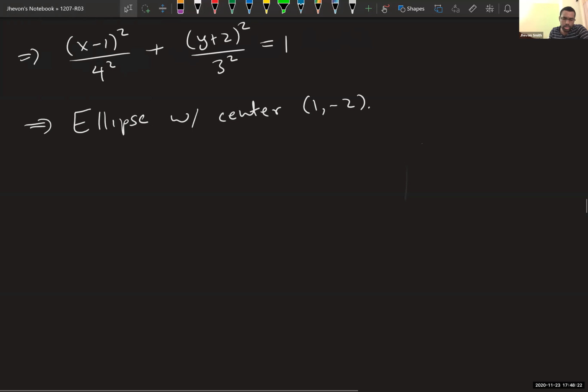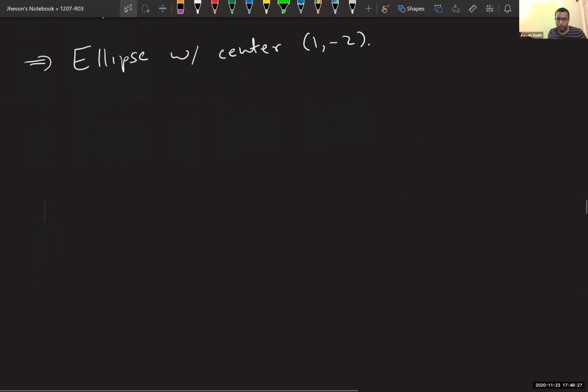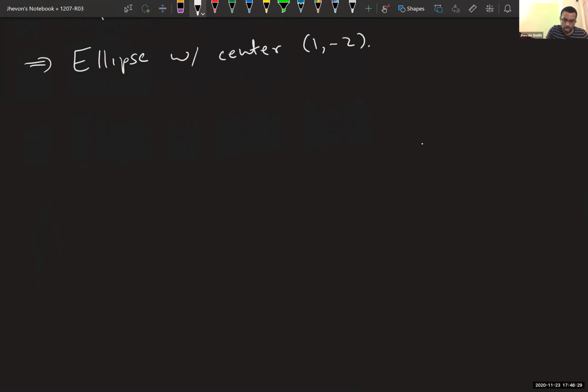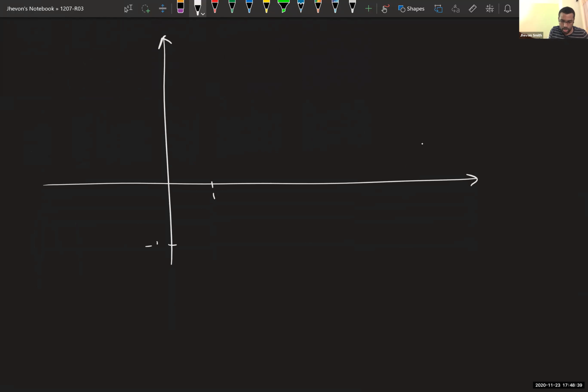Okay, so remember how to sketch this. The center is 1 comma minus 2. So let's put it here.